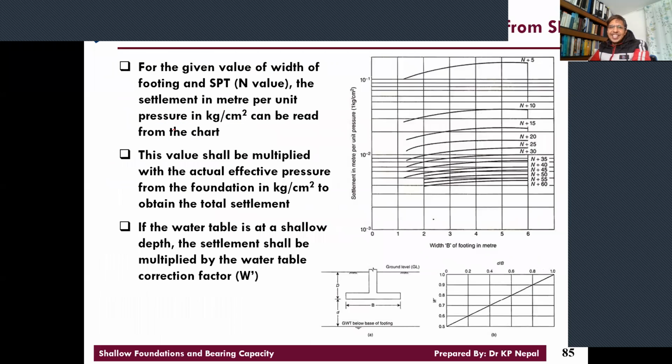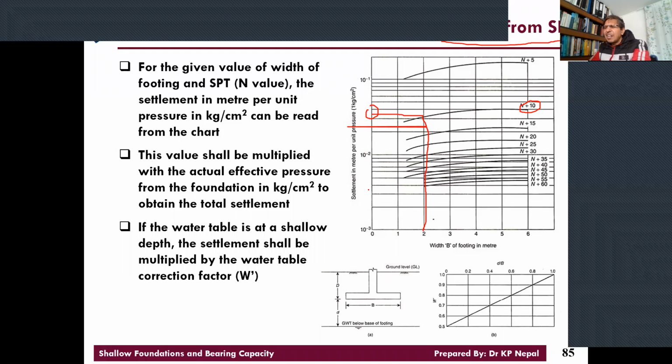Good? And sometimes we can also get settlement from the SPT test, right? For example, if your footing is 2 meters and the N value you get is 10, let's say just as an example. If it is 2 meters, what we need to do is go there and read here, 10 to the power what?